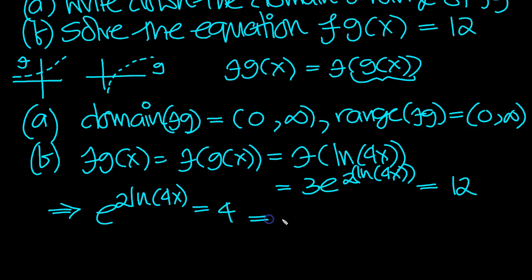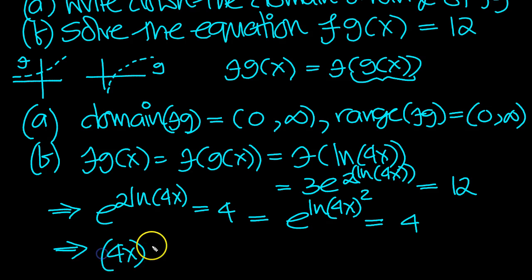So e to the ln of 4x, all squared, because using properties of logs the 2 can be moved down to here or back up to there, equals 4. Now we've got these adjacent to one another, they cancel each other out. E and the logarithm, one is the inverse of the other, so we're just left with 4x squared.